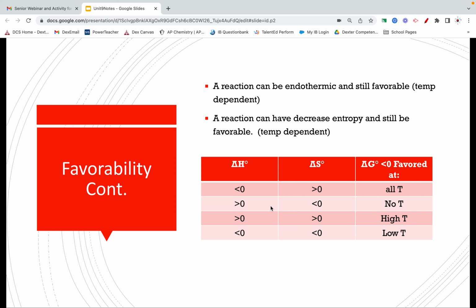Okay? And this should make sense. That means that it's taking energy to react, plus the entropy decreasing is also going to take energy. Think about your bedroom. To keep your bedroom clean, it requires you to expend energy to keep it neat and tidy, right?